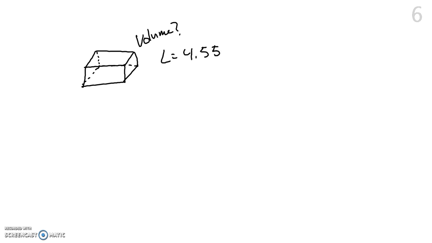If you have, I don't know, some kind of awkwardly drawn box, and you happen to know the volume of this. Maybe the length is 4.55 centimeters, the width is 9.10 centimeters, and the height is 2.54 centimeters.